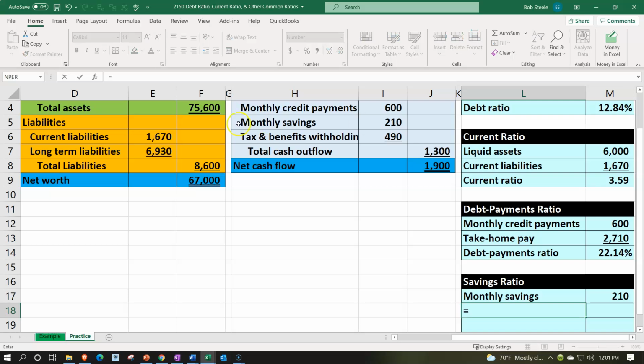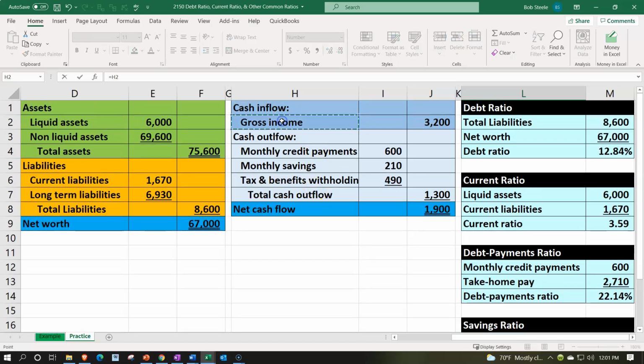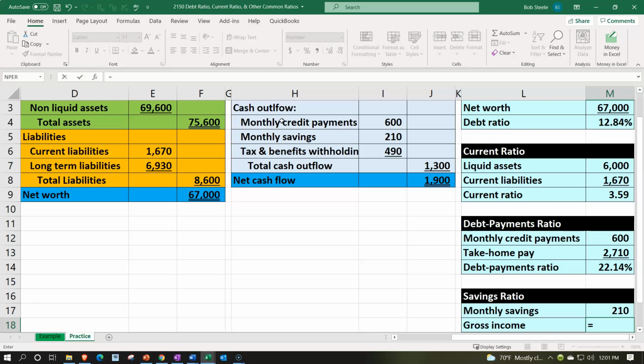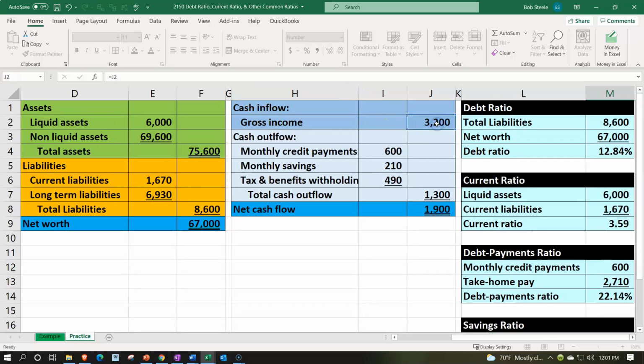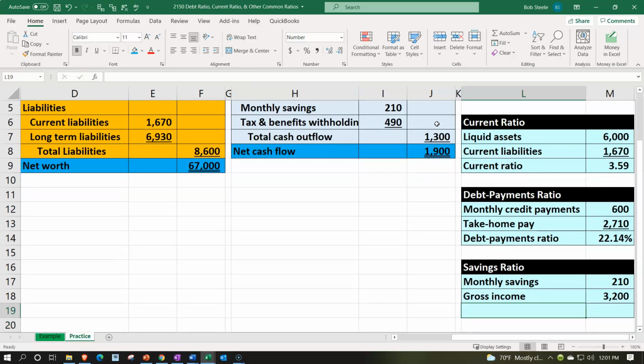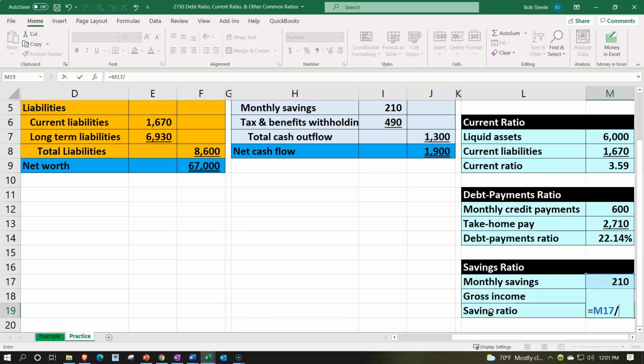This time I'm going to compare it to the gross income, which is going to be equal to the $3,200 before. That's not the take-home pay. That's before the withholdings. Home tab, font group, underline. And that gives us our savings ratio. This will be equal to the 210 divided by the 3,200, making that a percent. Home tab, number, percent, couple decimals. And so that's going to be the 6.56.